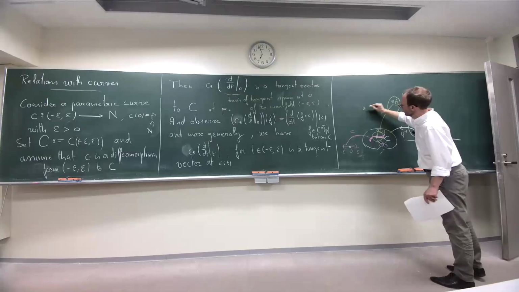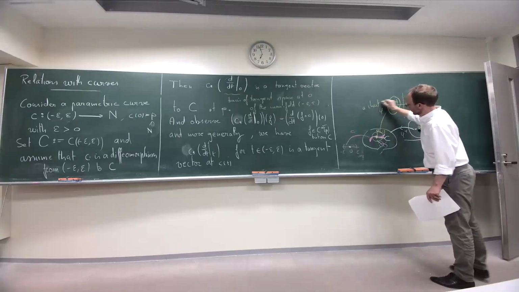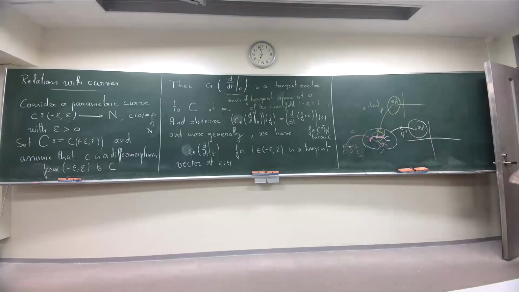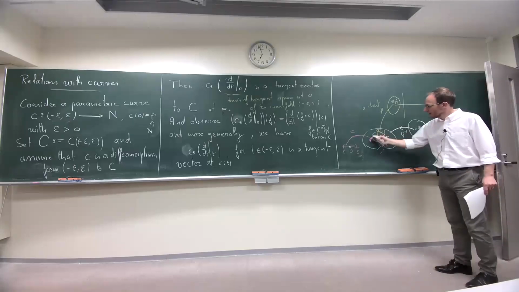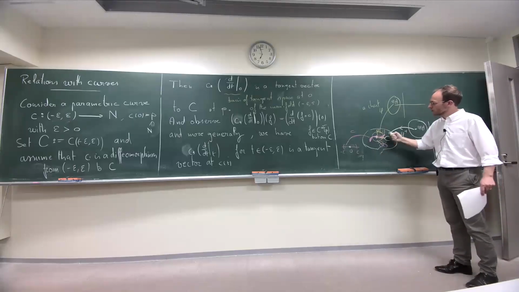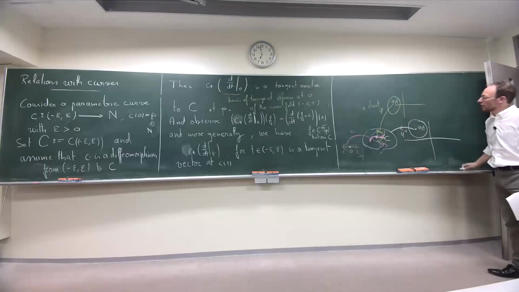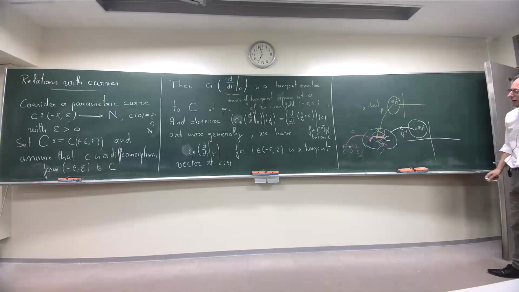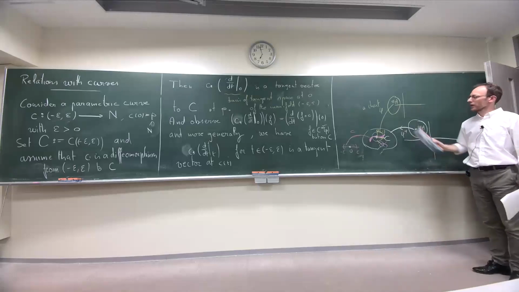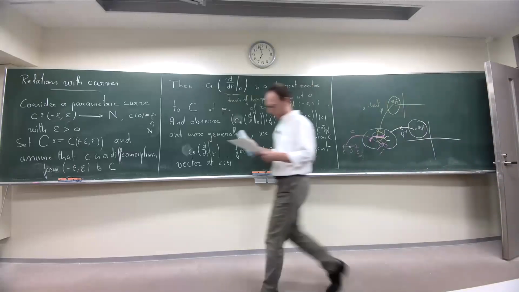This is a chart. So we have not only a curve, but any point has a neighborhood which is mapped to a subset of Rn, an open set of Rn. So I will also use this now.